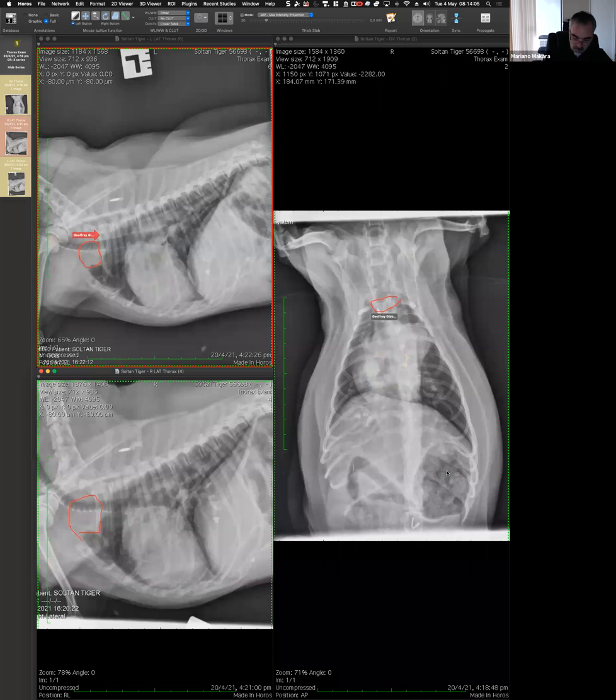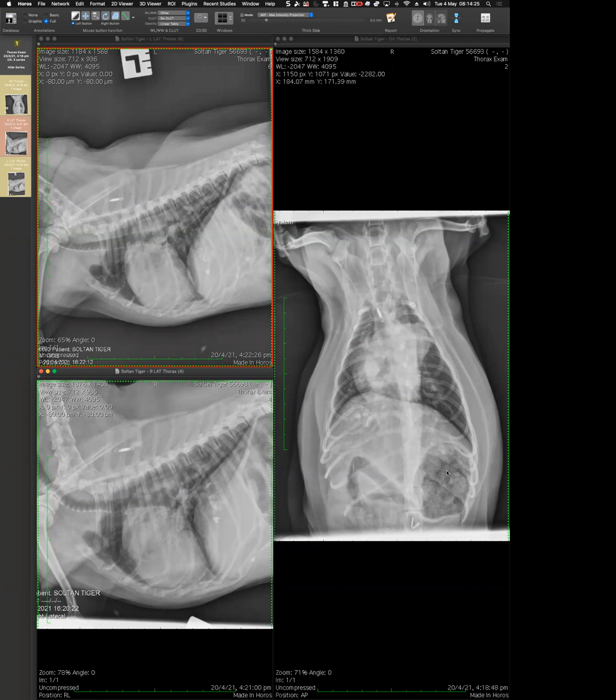Okay. I was just going to add that the bulge that Jeff pointed out on the heart is sort of in the region of the main pulmonary artery, and that would fit with the lateral, where the heart looks really tall, and this bit looks enlarged here.